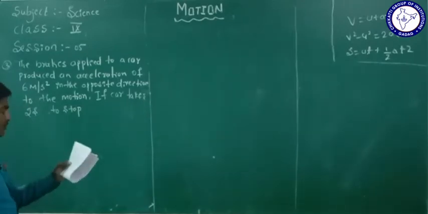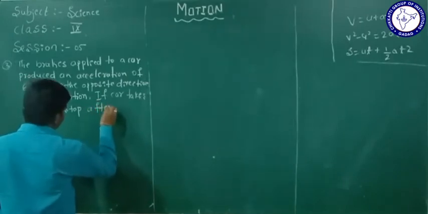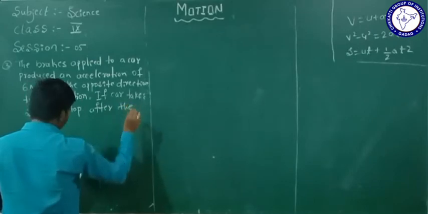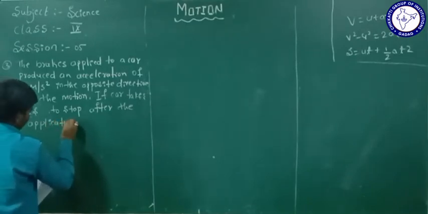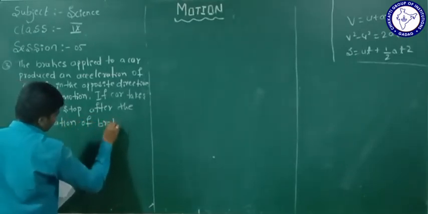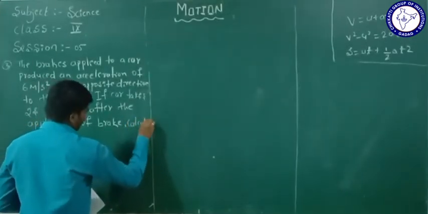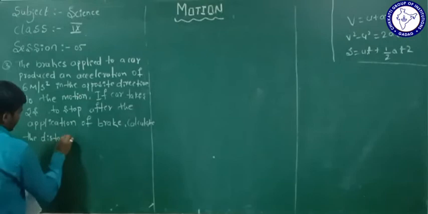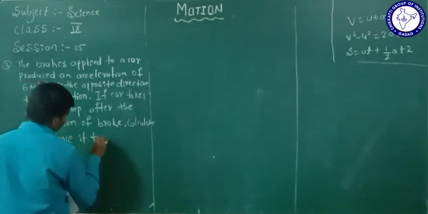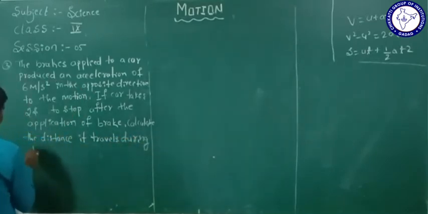If the car takes 2 seconds to stop after the application of the brake, calculate the distance it travels during this time.